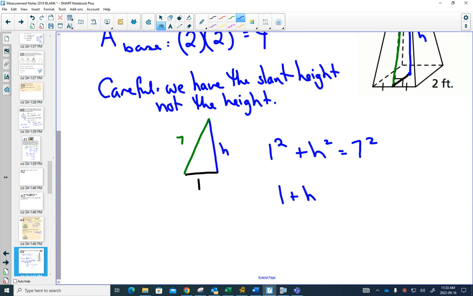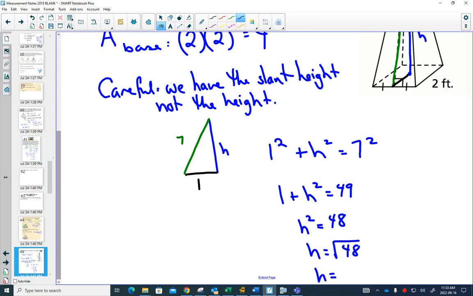So 1 plus h squared equals 49. Move the 1 over to the other side by subtracting 1 on both sides. And the exact value of h is the square root of 48. Square root both sides.